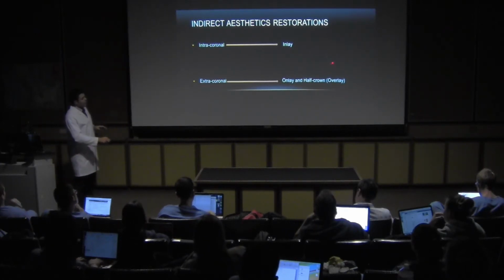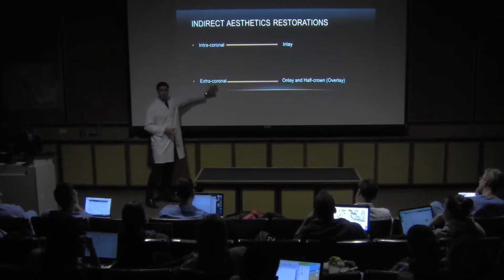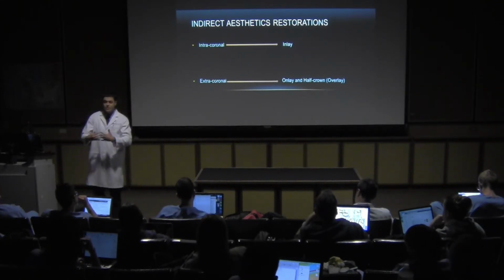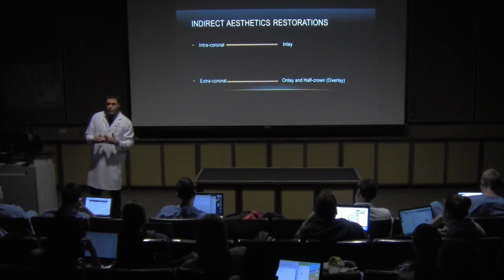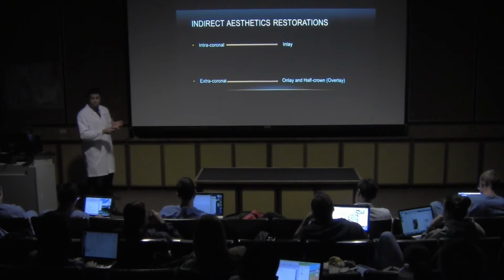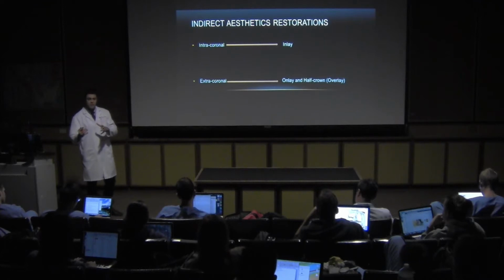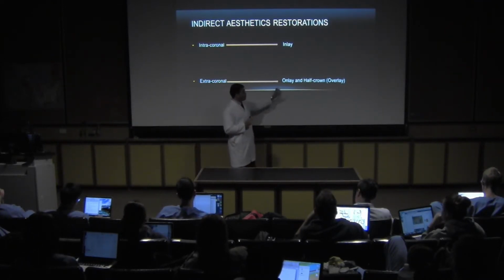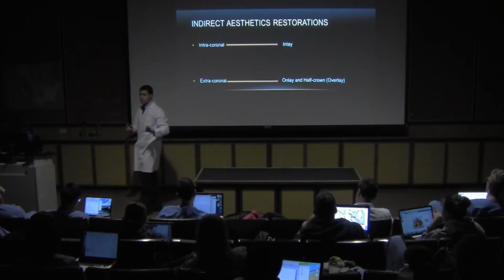And when we have only half crown, it's an extracoronal concept because we are going to include the cusps in our preparation. We're not going to work only inside the crown in an intracoronal way. We're going to include the cusps. So, including the cusps, it will depend if it's an onlay or half crown. And we are going to understand this.